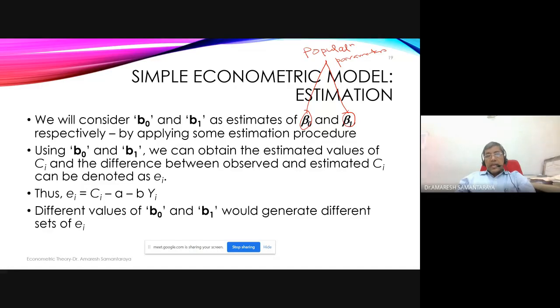Then what is the solution? The solution, which you have learned in statistics, is that when you are not able to collect data for all the units in your population, we can use sample design. We can develop a sample scientifically.